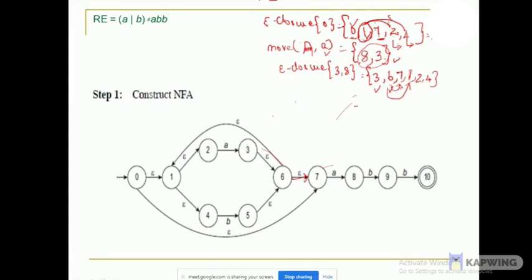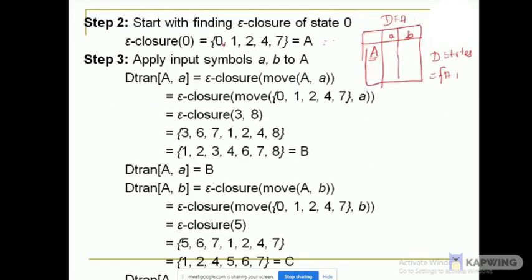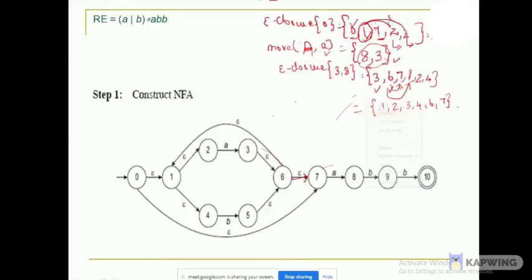So totally we have 1, 2, 3, 4, 6, 7. Actually, 8 also we have to include, no? I didn't copy that 8 here because we started with 3 and completed it. Now we have to see if there is any transition from 8. We don't have any transition from 8, so we just copy 8 alone as such. So you will have 8 also here.